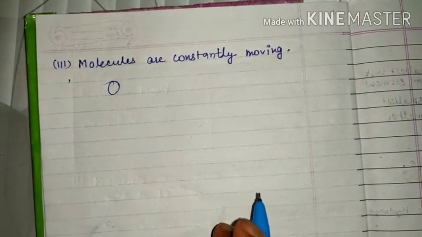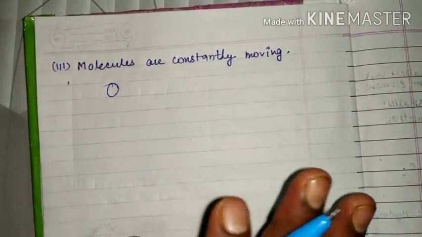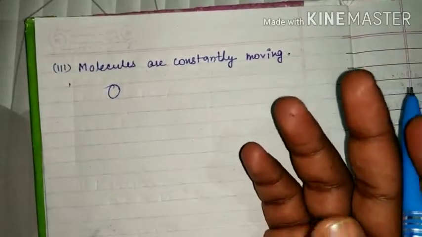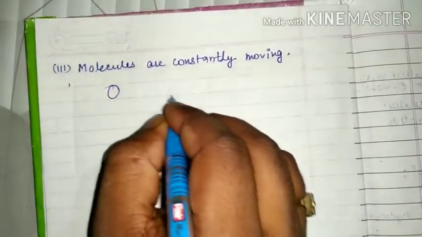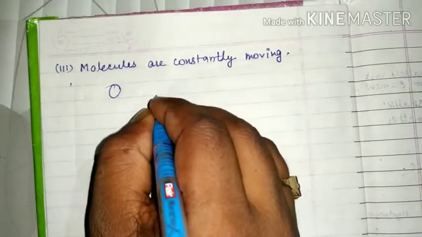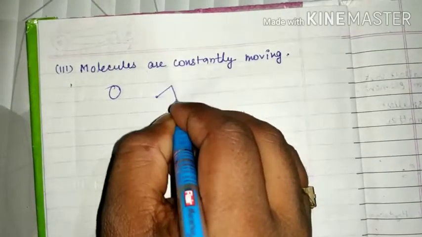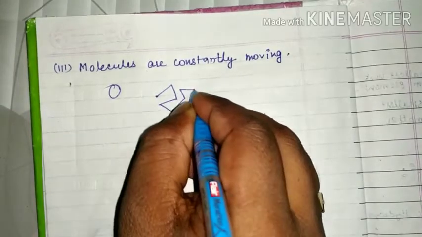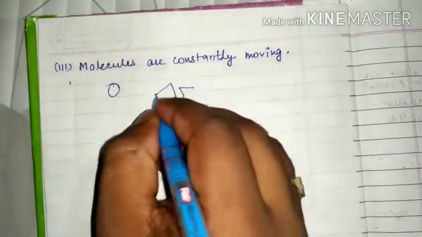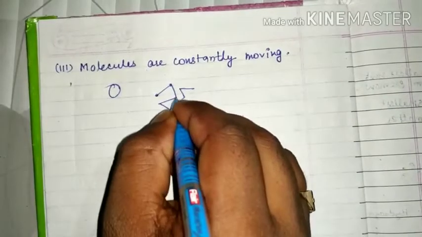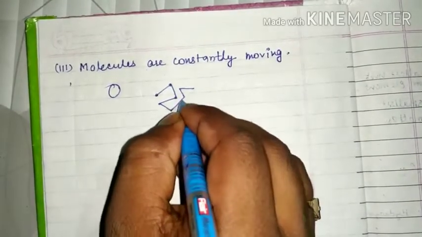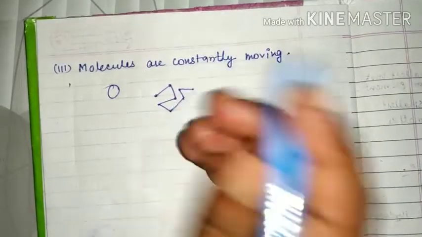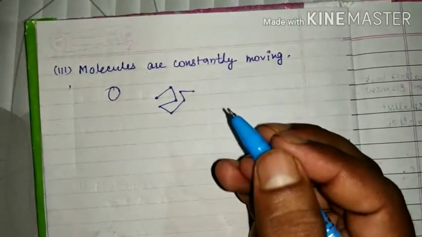They are in motion, and their motion is random, just like a zigzag. So in any container, if there is a molecule, their motion will be random, this zigzag motion.